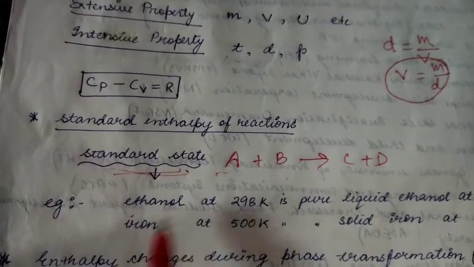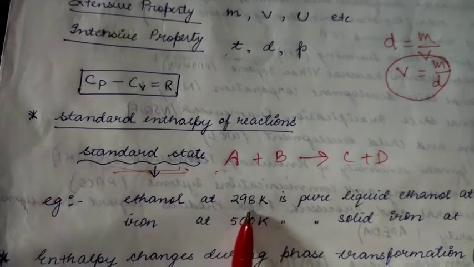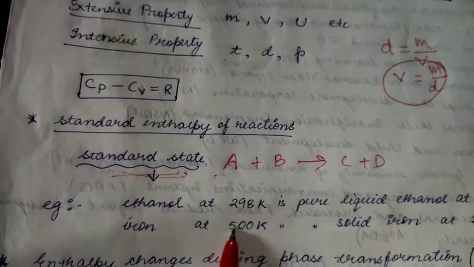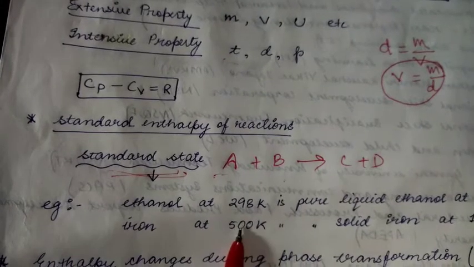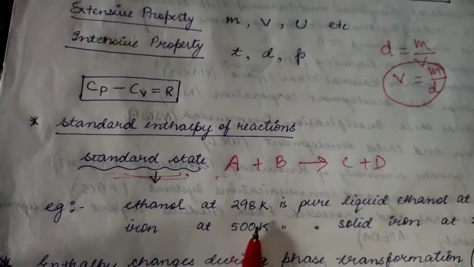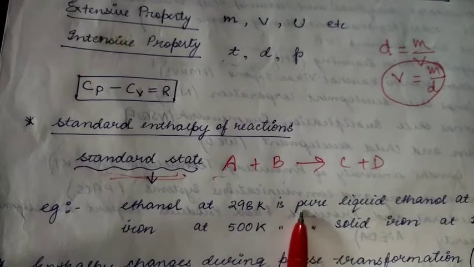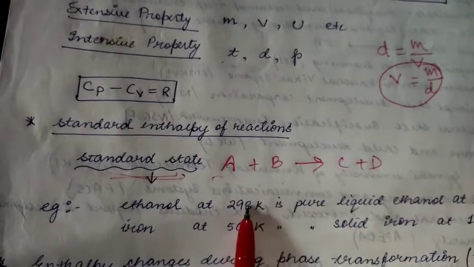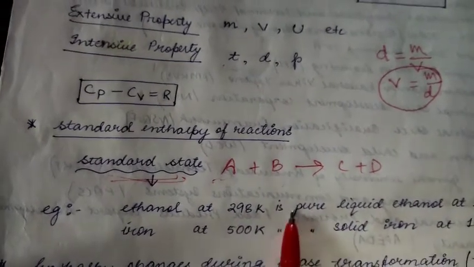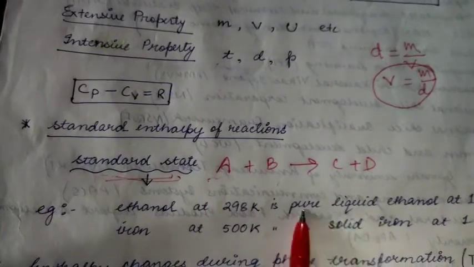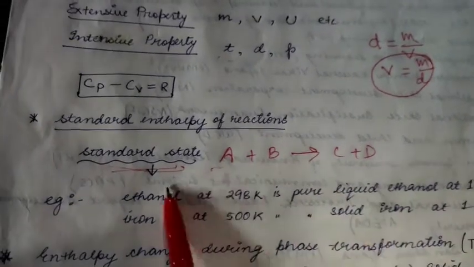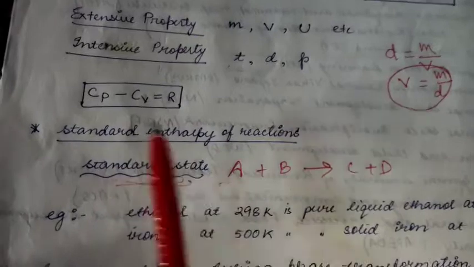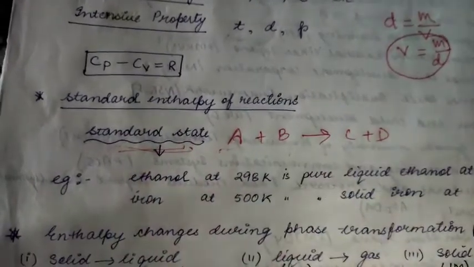Because for every element this temperature will be different, right? The standard state of a substance at a specified temperature is its pure form, it has to be pure, provided that the pressure is maintained at 1 bar. So this is the definition for standard state and the standard enthalpy of reactions.